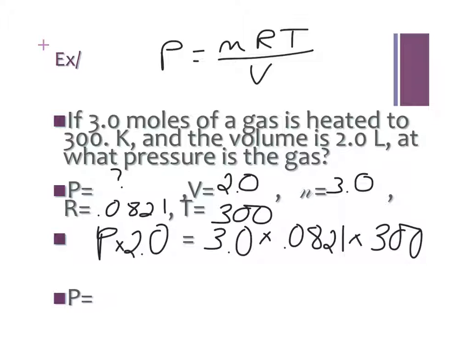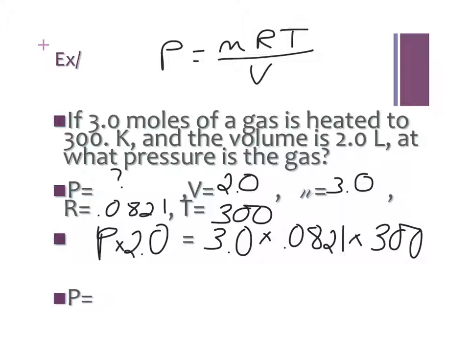So we're going to plug in our numbers. We're going to take 3.0, multiply it by 0.0821, and times 300. Now keep going on this. If you're going to multiply that side out and write it down, that's fine. Just write down every number in your calculator. Then we're going to divide it by 2.0. Okay, so we get a really long number on here, 36.945 ATM.